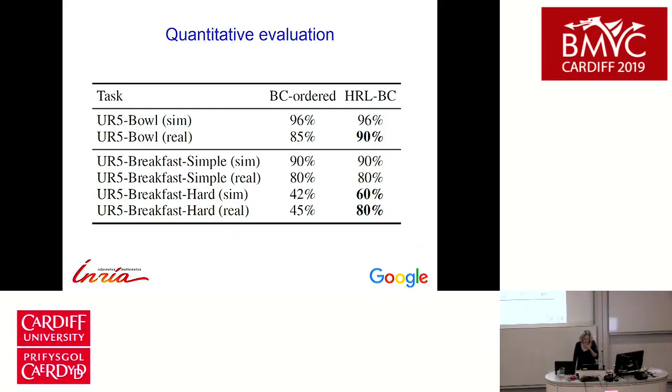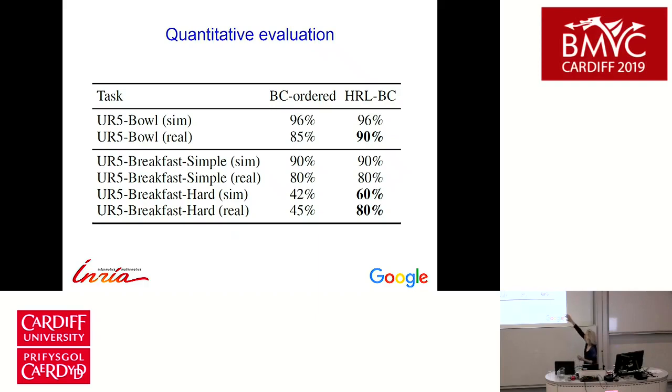Okay, and then we have some quantitative evaluation. Here, for our UR5 in simulation and real, we can see that in simulation, BC ordered and RL BC perform the same. Why is this the case? Because in simulation, everything is perfect. All the skills are exactly the same, and training and test are almost the same, so the ordering and the RL don't make a difference.